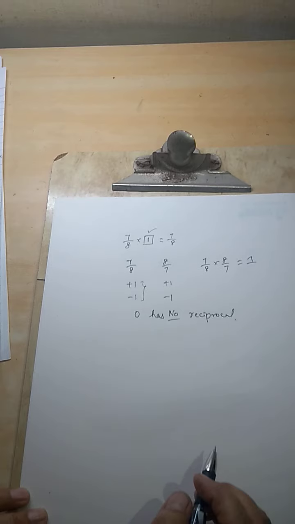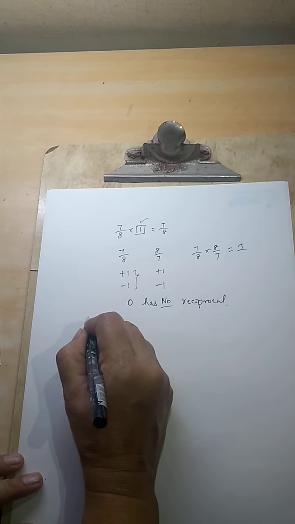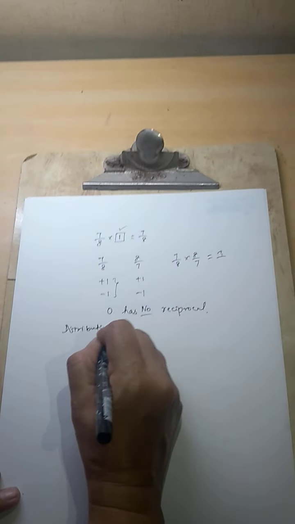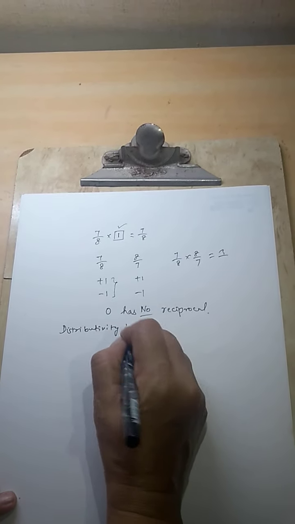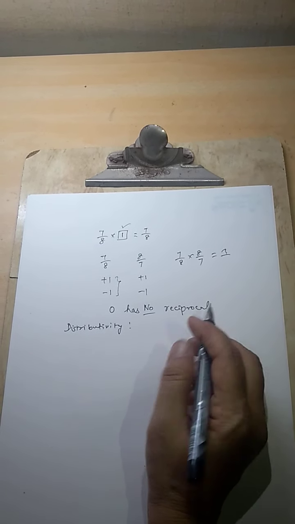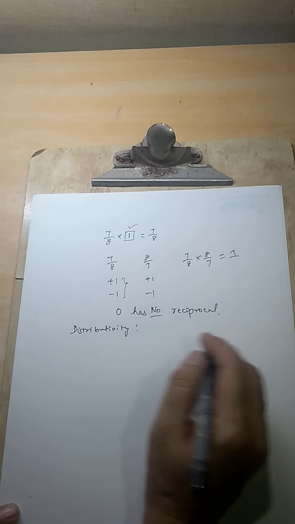Okay, now we'll pass on to the important property of rational numbers, that is distributivity. In the case of distributivity, we have the distributive property of multiplication over addition and the distributive property of multiplication over subtraction.